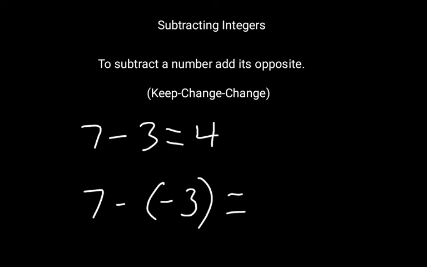But to be sure, use the keep, change, change idea, or the rule is to subtract a number, add its opposite. So we're going to keep this number the same. 7 stays. That's the one that keeps. Change the operation to addition. So it becomes 7 plus, and then change the sign of the number that you were subtracting. So it becomes 7 plus 3, which is 10. In the next slide, we'll give a few more examples of how this works.